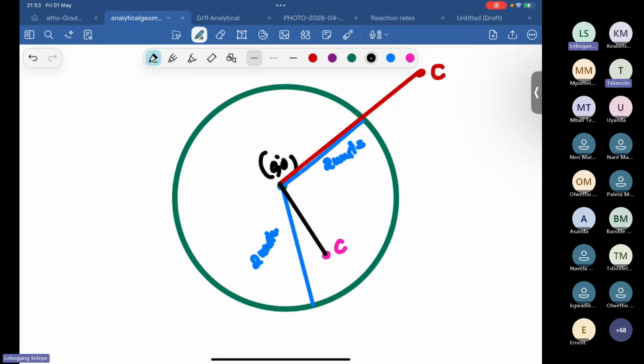Outside. If I find that that distance is smaller than the radius, is C inside or outside the circle? Inside. And that's how you're going to solve the question.